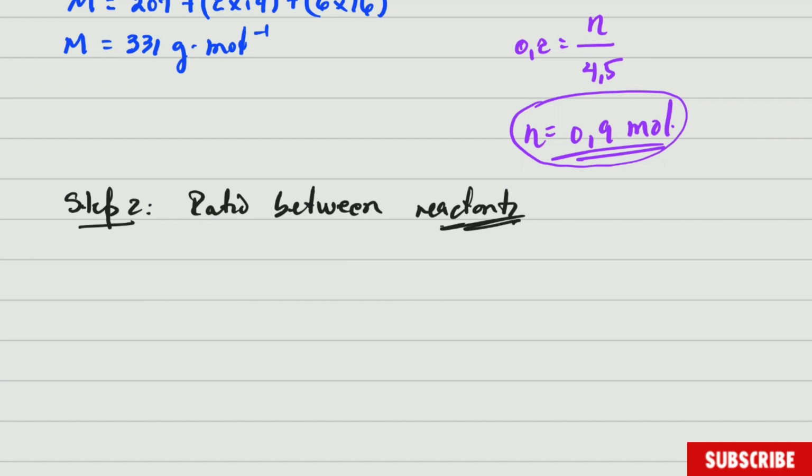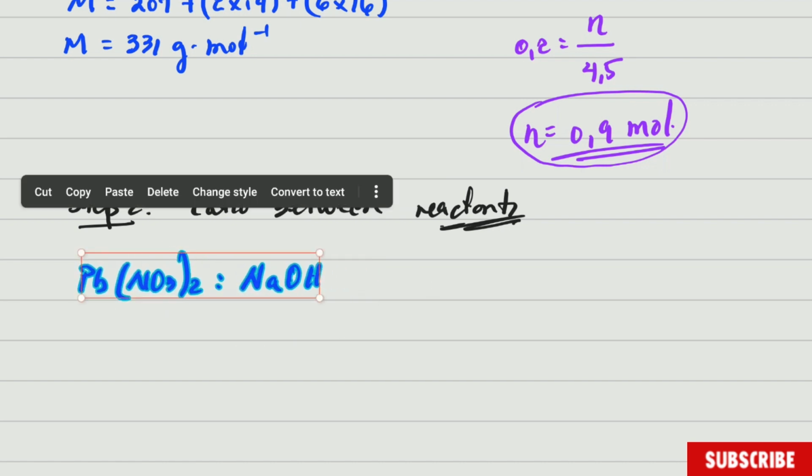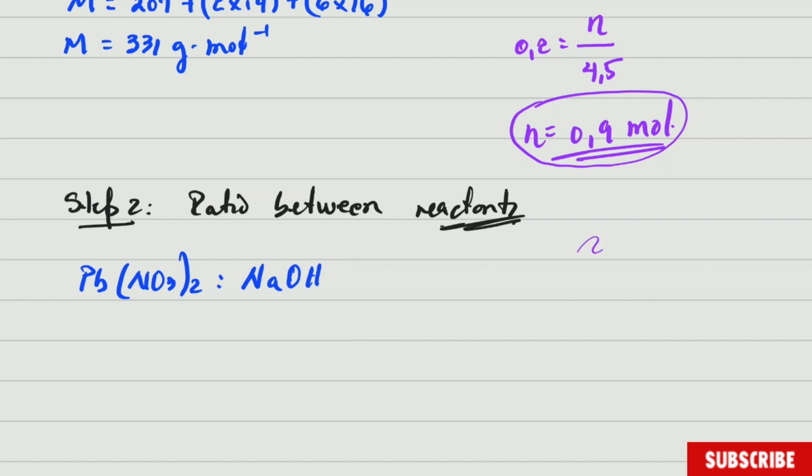Alright, and we are going to do the following. We are going to look for the ratio of lead(II) nitrate, Pb, to sodium hydroxide, and we are going to do it on both sides. I'm going to show you just now. Or you could have the same ratio, Pb(NO3)2 to NaOH.